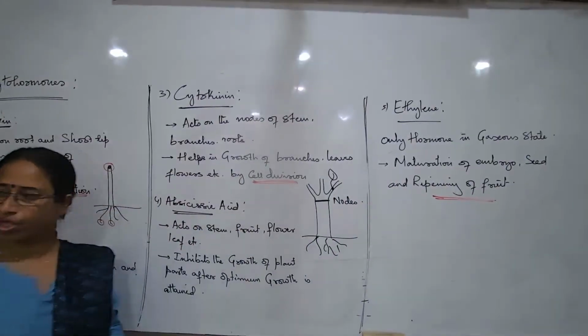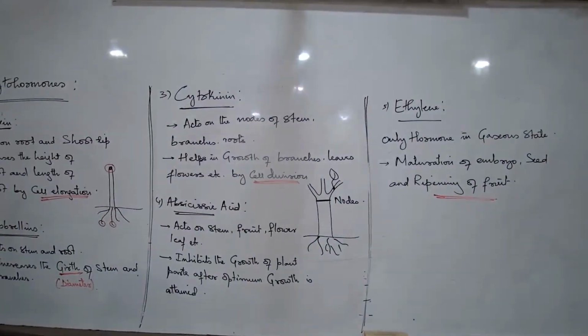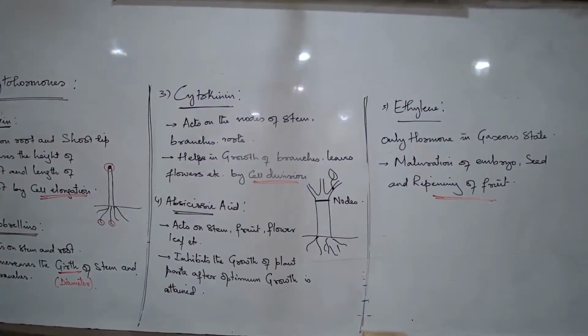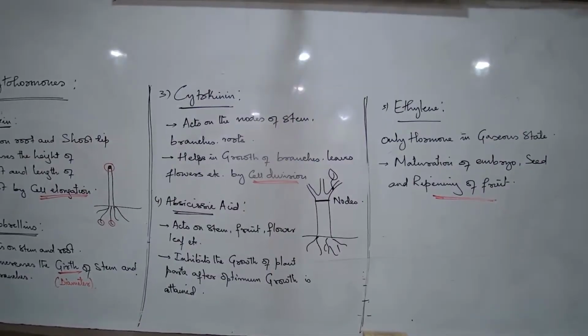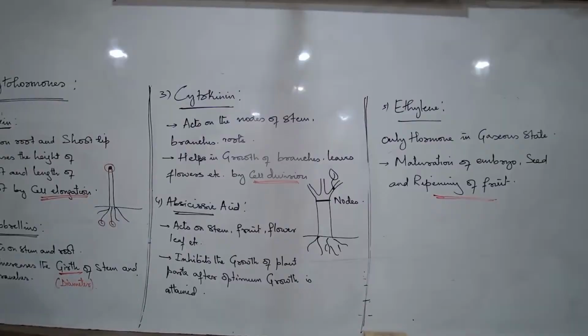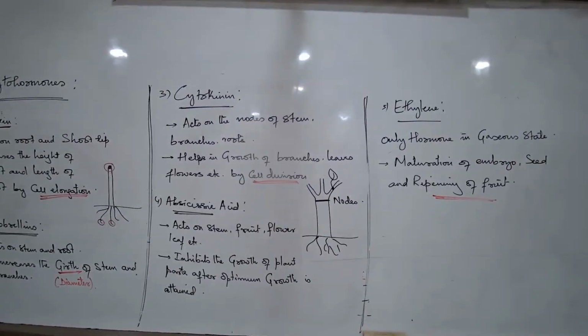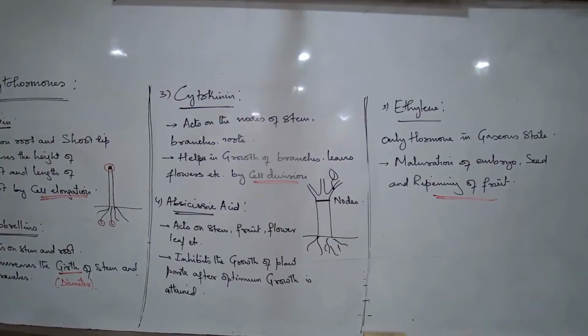Ethylene is also a gaseous hormone used artificially. Say immature raw fruits are plucked and kept in sacks in warehouses, and ethylene hormone is injected there. Ethylene is introduced in fruits which are raw, not even ripe, because the farmer wants to market them as soon as possible.